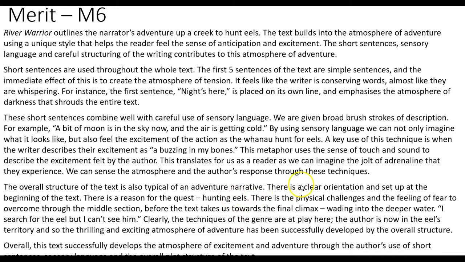I thought this was a bit nerdy, but most of you will know this from earlier years in English, with orientational setup at the beginning, the reason or the goal of a quest for an adventure. So these are sorts of things that are typical of adventure. And even if you couldn't really remember the particular techniques, knowing that there's a physical challenge that scares the character, but he still continues to do it, and the text seems to build up in tension, those are very good things to observe.